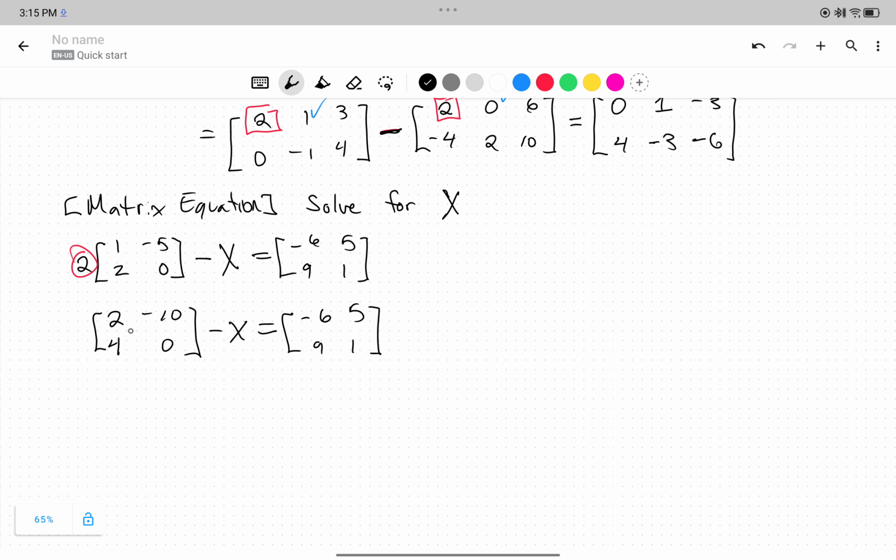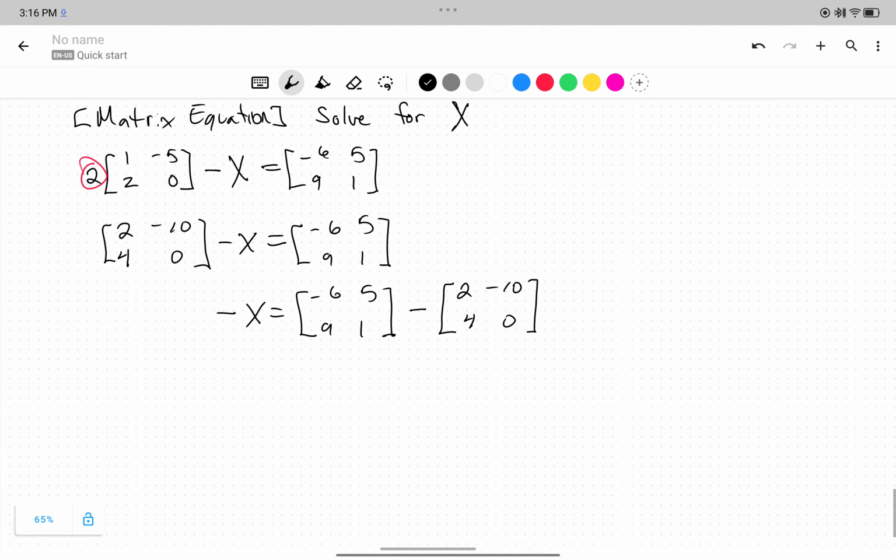If you subtract it from both sides or just move it over, let's just move it over so it doesn't get too ugly. So it's nice and clean. When I move it over, I'm going to put it on this side, right? 2, negative 10, 4, and 0. But it's going to be the opposite sign. In other words, it's minus. So that's telling me that I'm supposed to subtract.